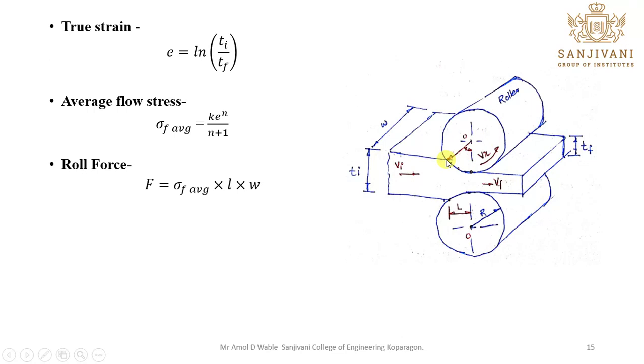As already we have taken the distance from this point to this point as L, the area of contact with the roller is taken as L. So if you multiply this L into the width, you will get the actual area which is coming in contact with the roller. So average flow stress into area will give us the force, where this L can be calculated as under root R delta T. So R will be the radius of the roller and delta T is what? That is T initial minus Tf, the difference between the initial thickness and the final thickness.